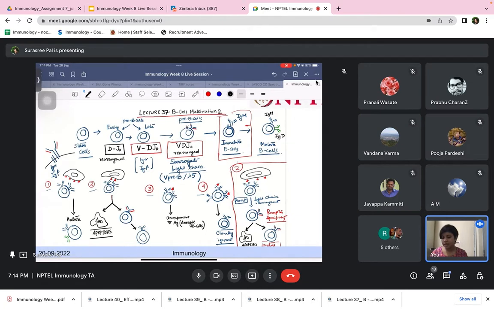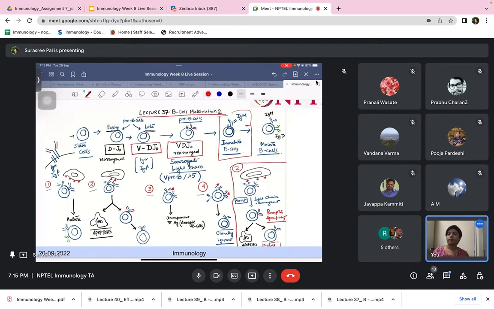So here you can see this is the stem cell with which we have started, the multipotent progenitor cells, right? Now when they become lymphoid progenitor, and after which they become the pro-B cells or the progenitor B cells, in the progenitor B cells there are two separate stages. One is early progenitor B cells and the other is late progenitor B cells, right?